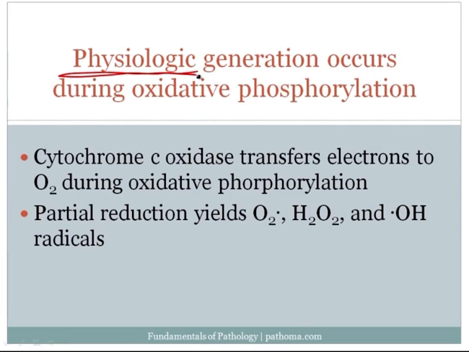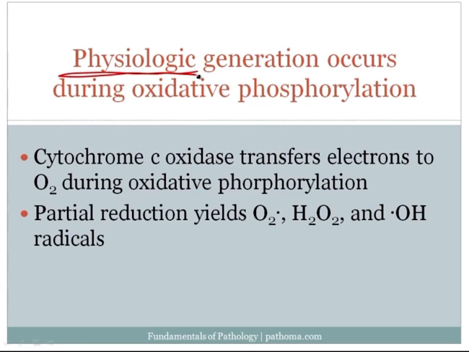Generally speaking, oxygen will accept 4 electrons, and after accepting 4 electrons, water will be generated. So, if during the sequence of accepting electrons, oxygen is partially reduced and doesn't receive all 4 electrons, then free radicals can be generated.